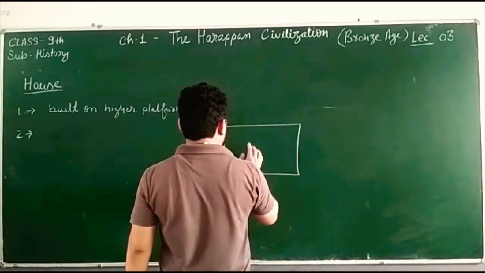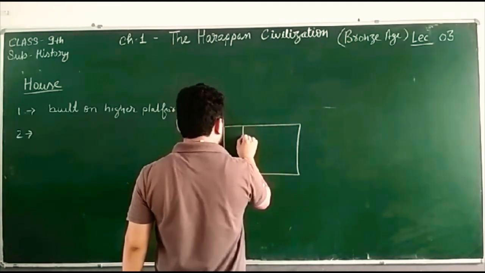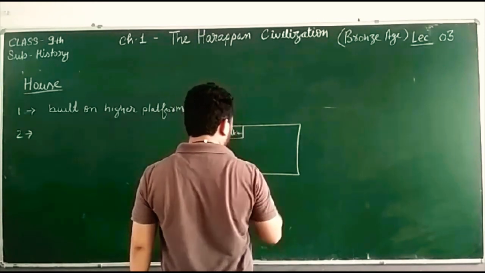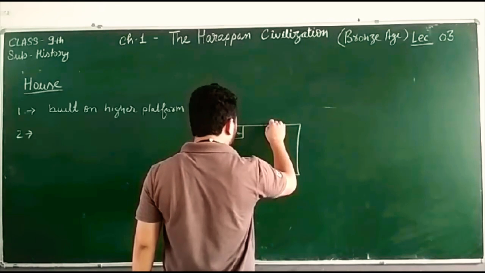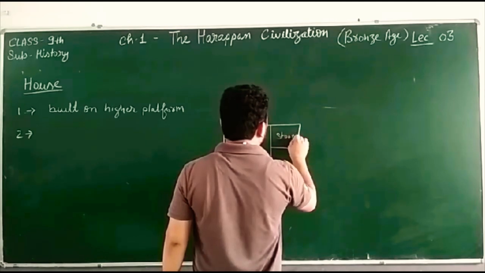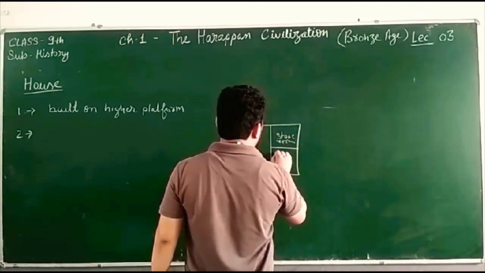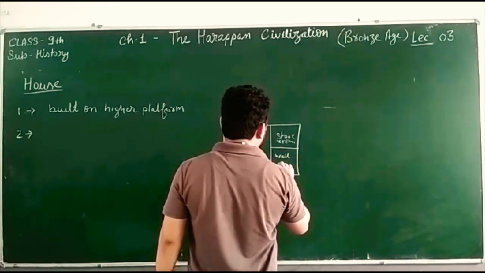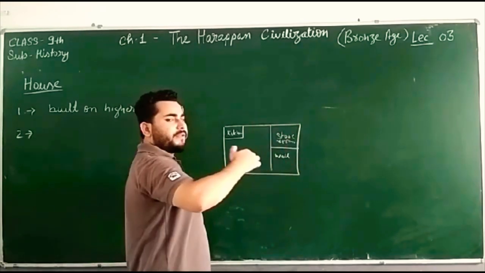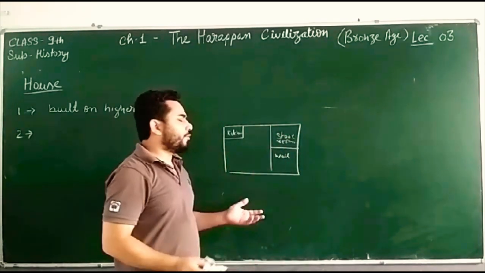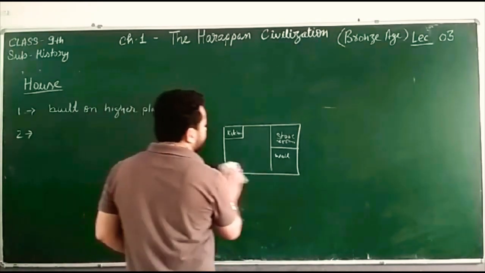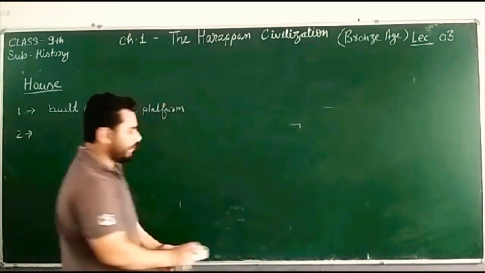So on one corner they were having the kitchen, on the ground floor they were having storerooms and the rooms where the well was, and then on the first story and second story they were having the living rooms. Means during Indus Valley Civilization, multi-storied houses existed. So like this, their houses were there.